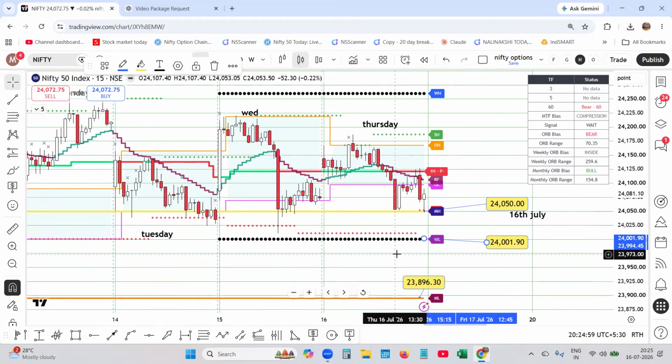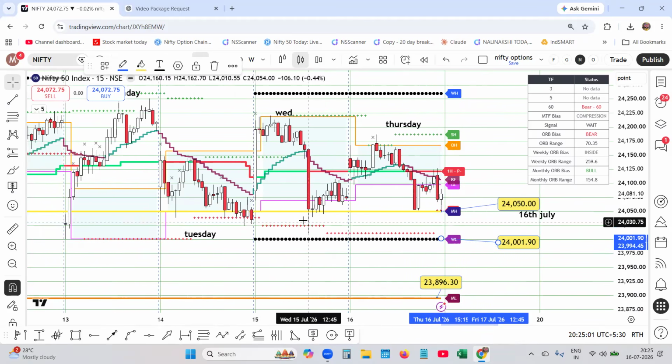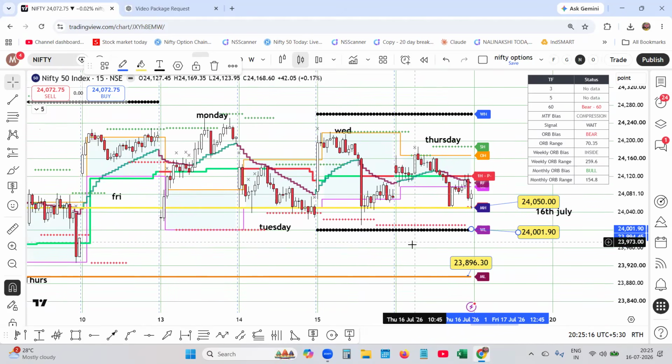The market came down to this level, breaching the monthly high, and it rallied. Now today it is coming and retested this monthly high, and we need to see whether market is going to expand in the next week.